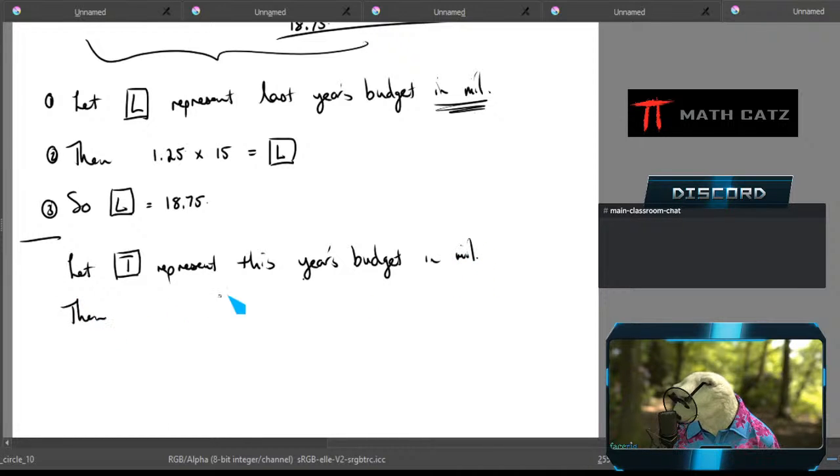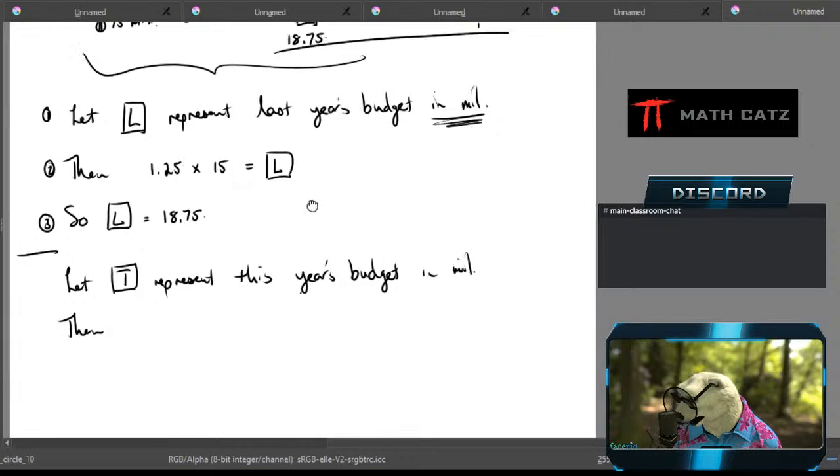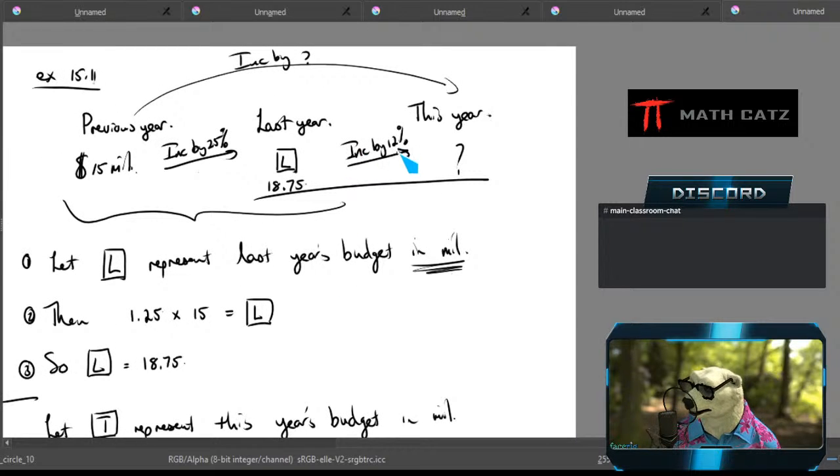Then I have an increase of 12% from the number that I know is last year's budget. Hopefully I calculated that correctly because I now do depend on that. 18.75 increased by 12% to get me what I called T in a box. I can call it whatever I want.